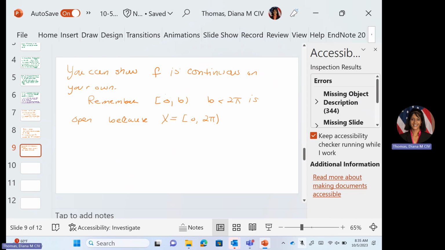So if I have a unit circle like this, take it and put the usual topology on it.